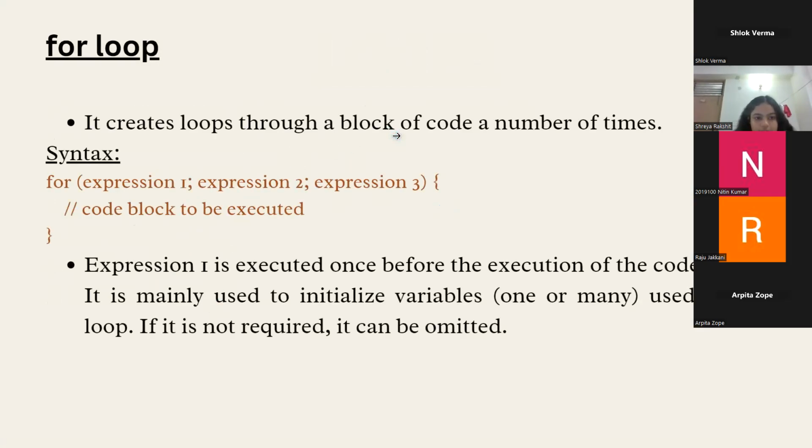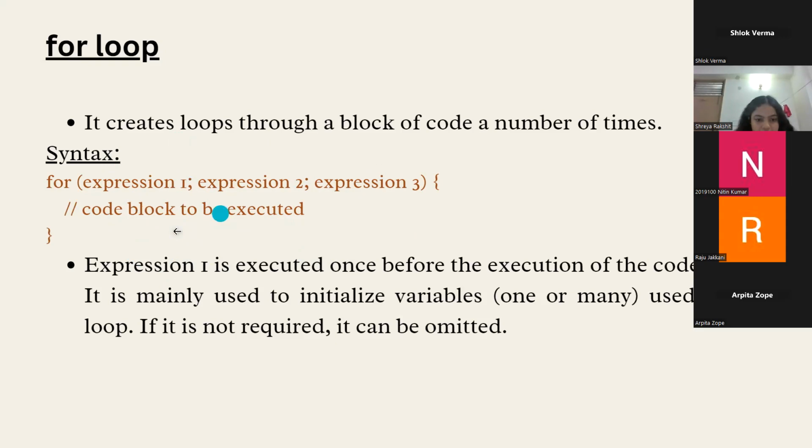For loop loops through a block of code a number of times. So the question is how many times it will iterate through this code block. This depends on these three expressions: expression 1, expression 2, and expression 3. Expression 1 is used to initialize the variables that will be used in this loop. We can also omit this part if it is not required.